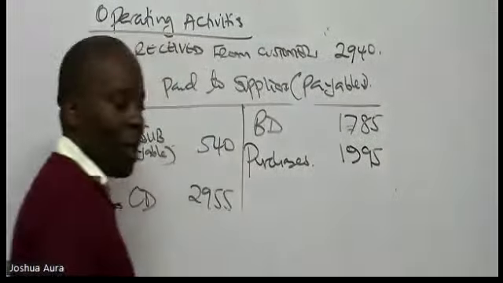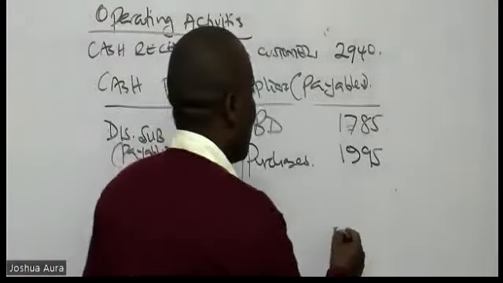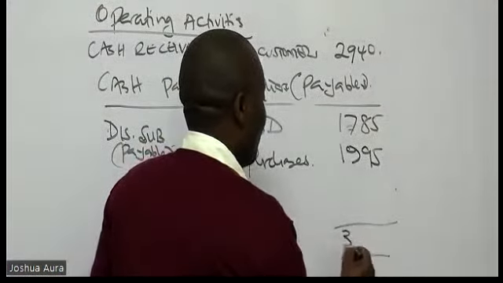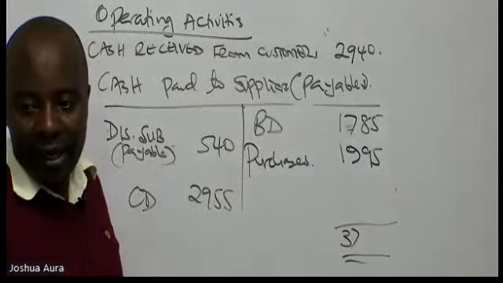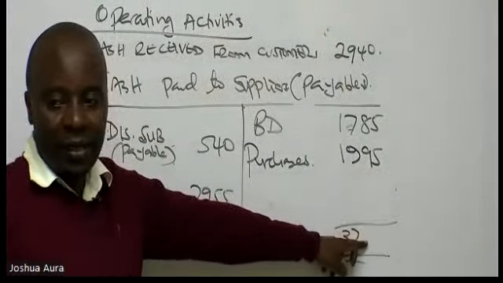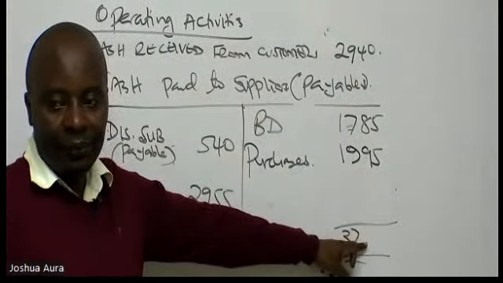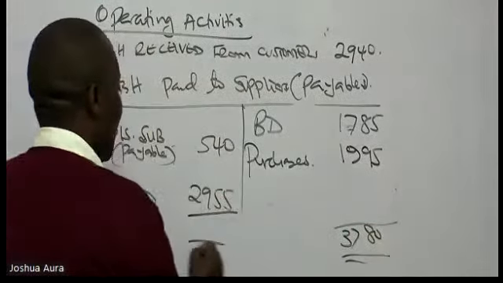Thank you so much. So Jackie is telling me that I should have this balancing at 37, 37 something. Please give me this figure here. 37 what? 37, 80.